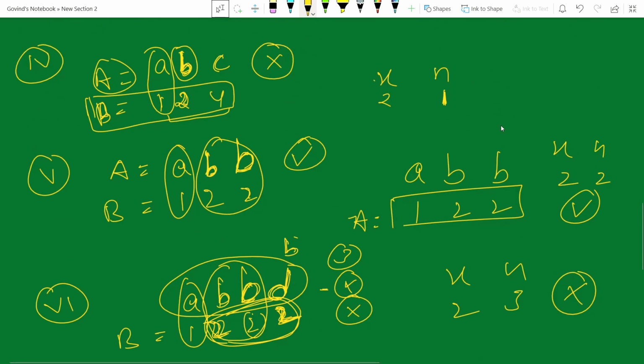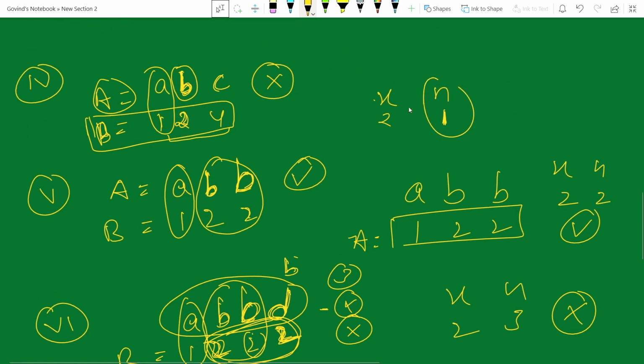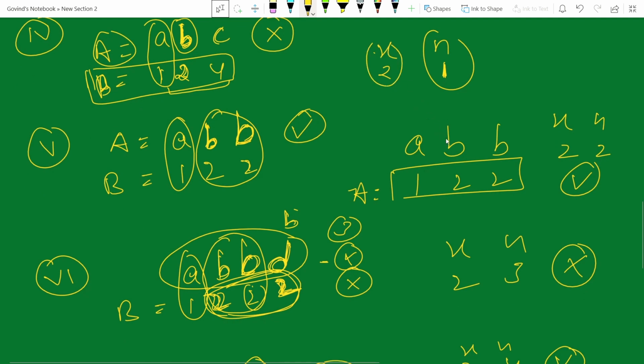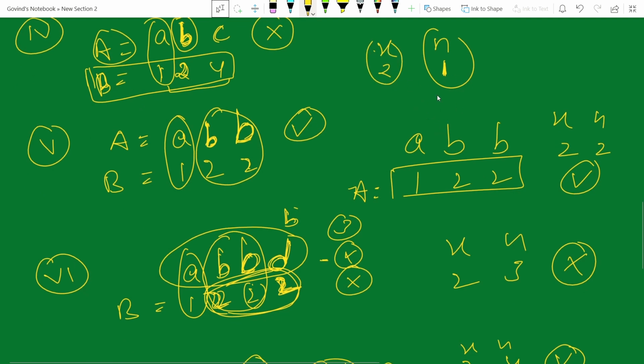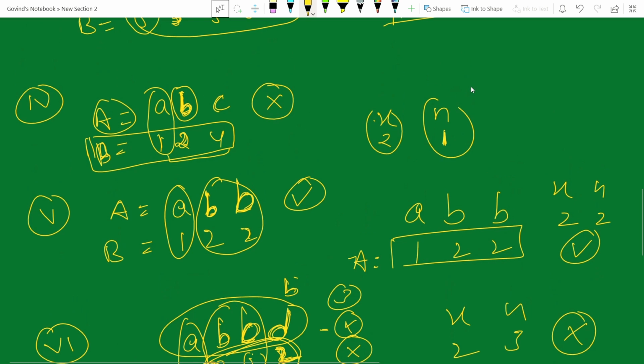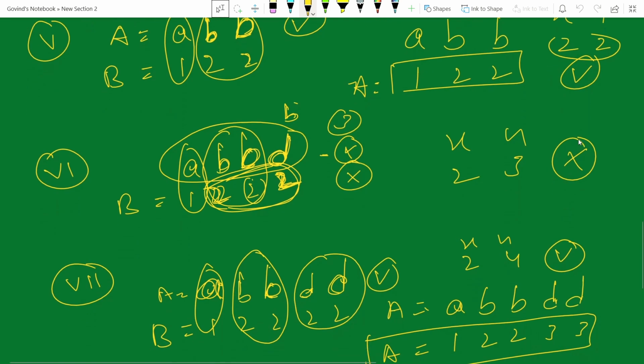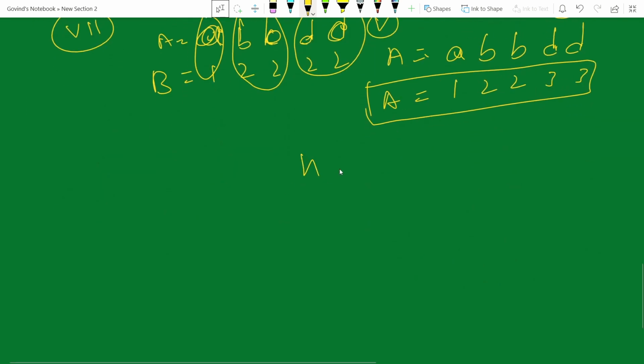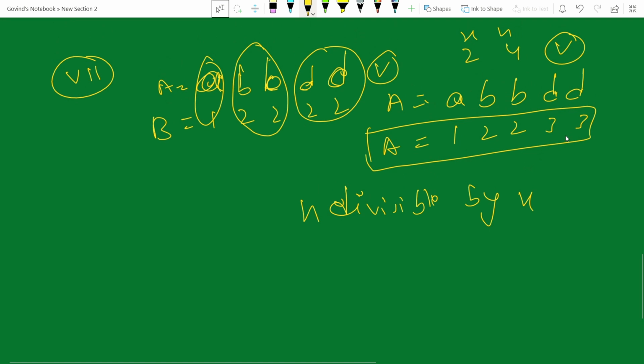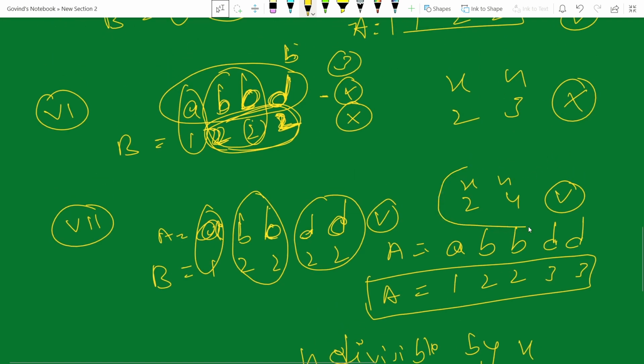So what we can observe here is that N should be divisible by X. Here it is not divisible, so it is not okay, and we cannot find an array. Here N is divisible by X, so it is possible. So N should be divisible by X.